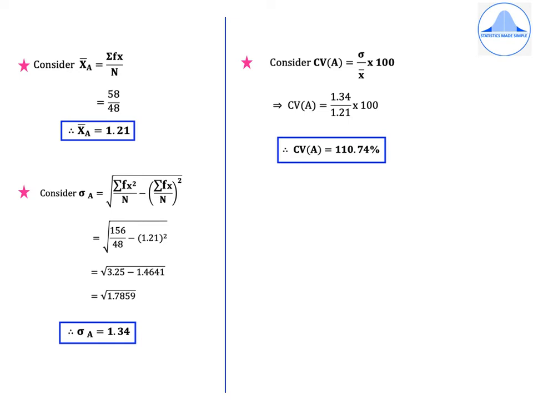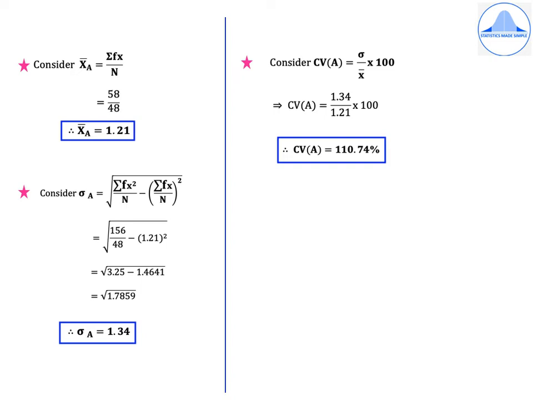Calculate x bar A, which is equal to summation fx by capital N, which is equal to 58 by 48, or you get x bar A equal to 1.21. Then the formula for sigma A is root of summation fx squared by capital N minus summation fx by capital N the whole square, which is equal to root of 156 by 48 minus, now I have substituted directly for summation fx by capital N because it is nothing but x bar A value.